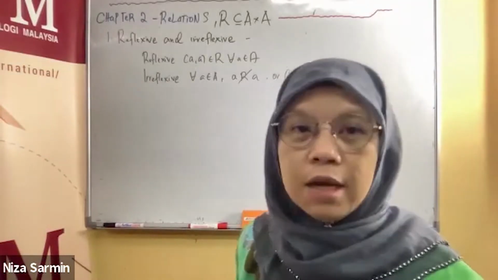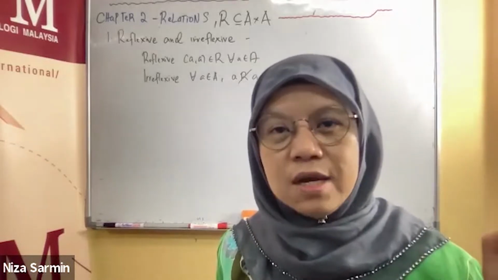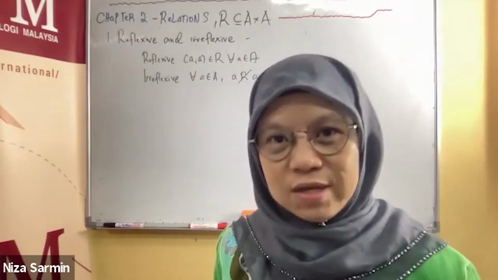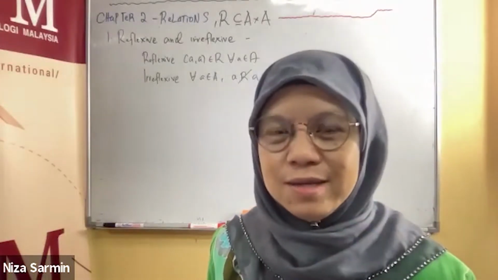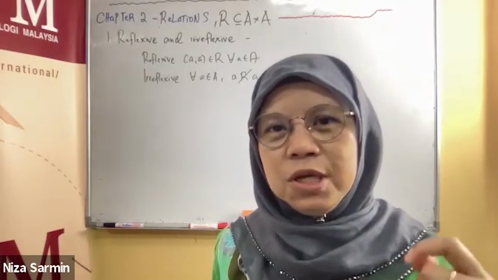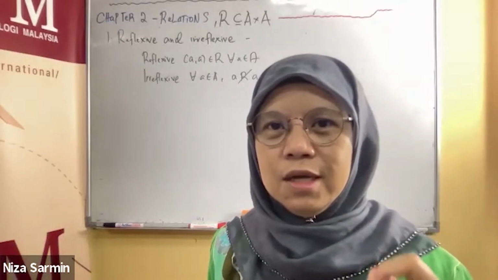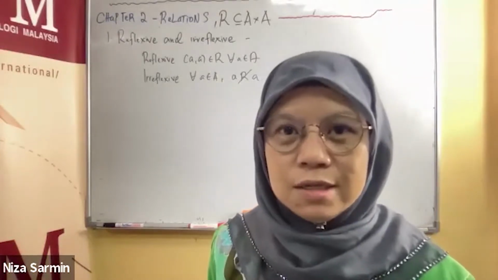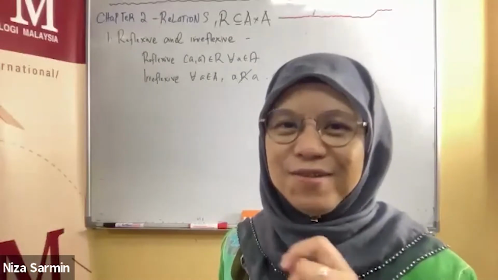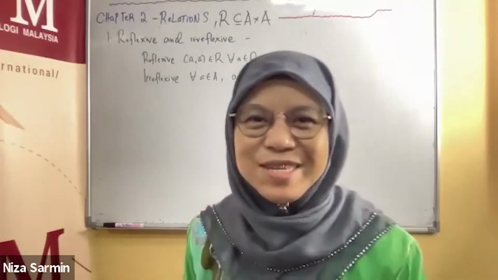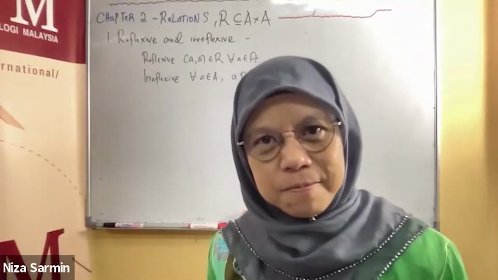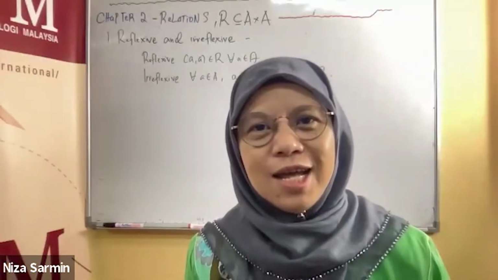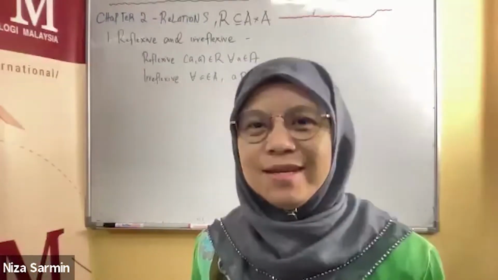Okay. Now, the opposite of irreflexive is not reflexive. They are not opposite of each other. The opposite of irreflexive is not irreflexive. Okay, you just add the not: not reflexive, not irreflexive.